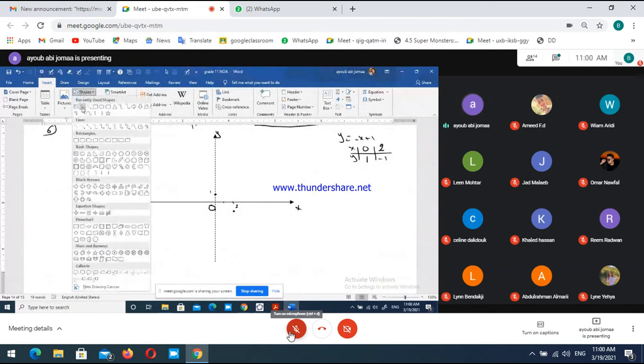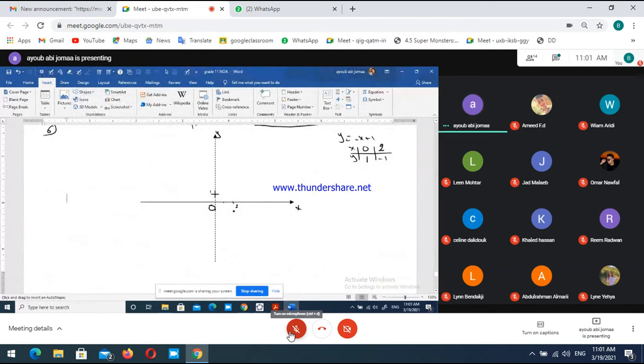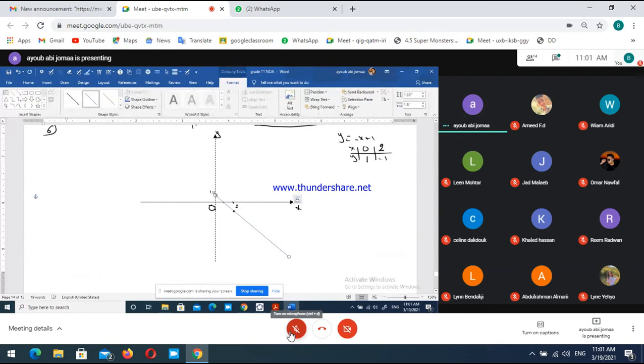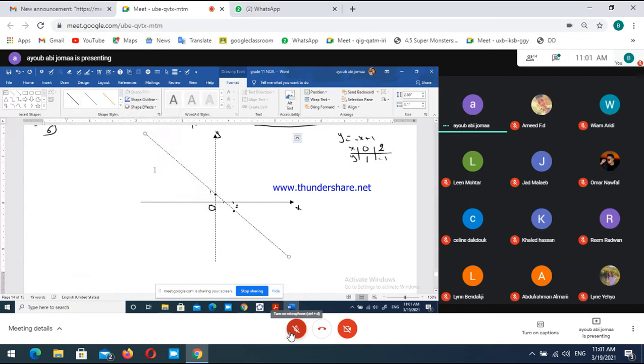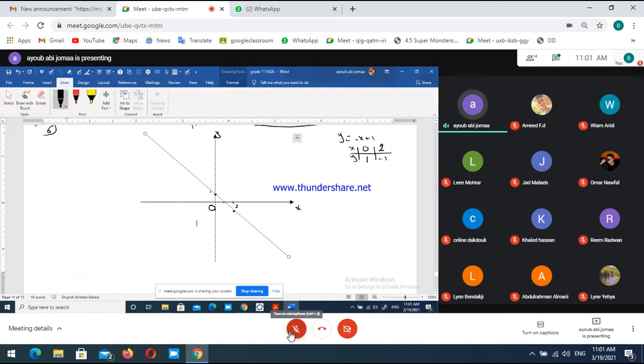Now the oblique asymptote. Okay, we are done with the asymptotes. We have this straight line D, the oblique asymptote, and we have the y axis, x equals 0, the vertical asymptote.